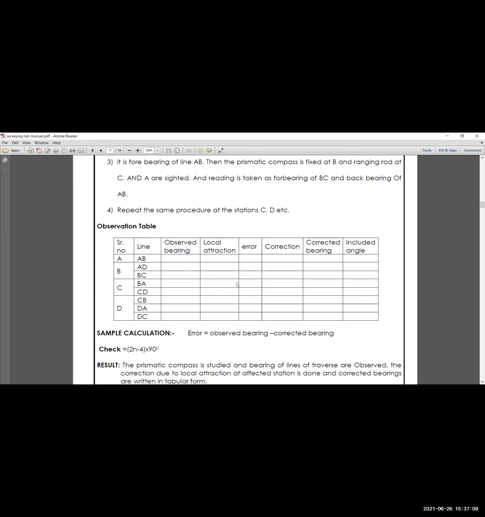So this is the observation table for the calculation of bearing, that is the horizontal angle, for a given polygon with the help of a prismatic compass.